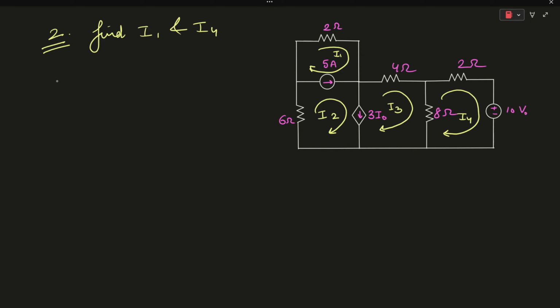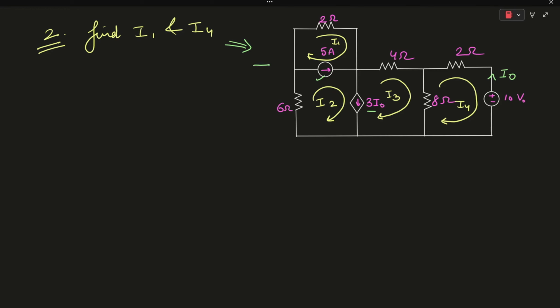Now let's solve another problem on the concept of supermesh. As you can see, there are two current sources, 5 ampere and 3 I0. This is your I0 current flowing in this direction. Two current sources are already connected between the two meshes.